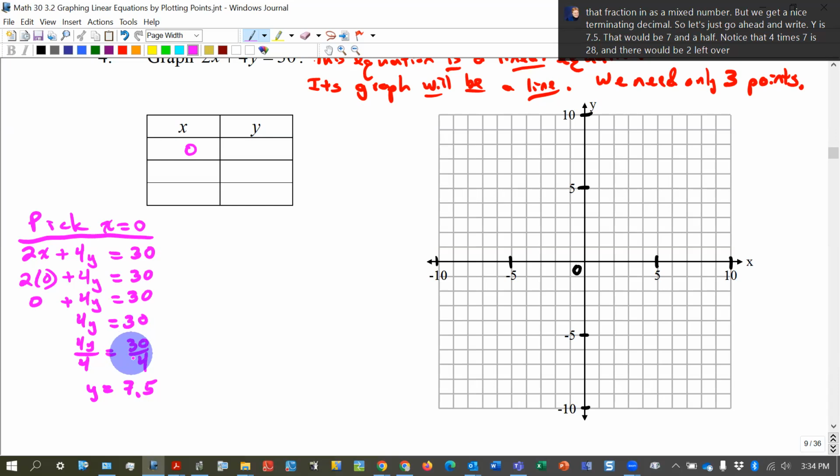So that would be 7 and 2/4. And 2/4 is 1/2, and 5/10 is 1/2. So that makes sense that the decimal is 7.5. So 0, 7.5 would be there.